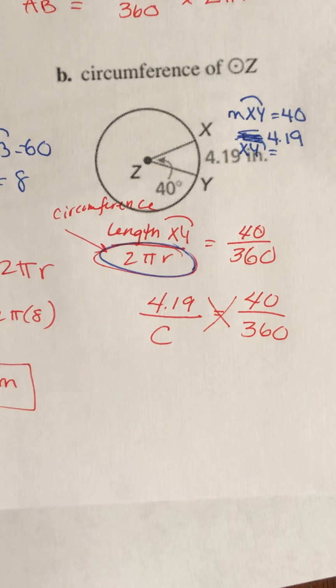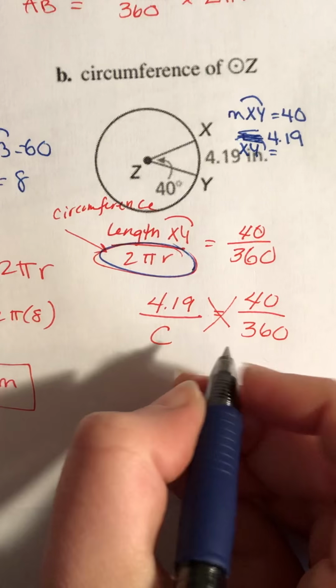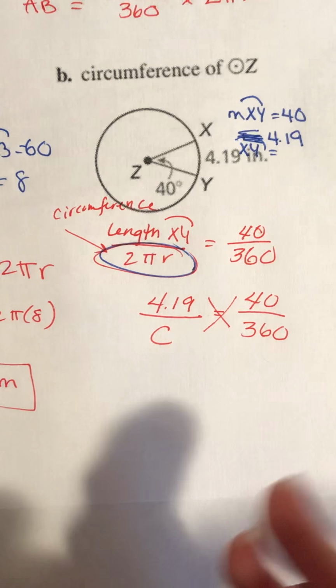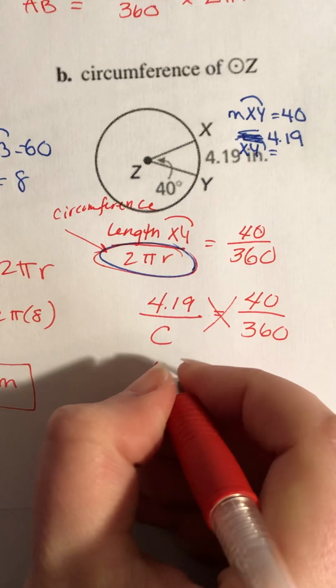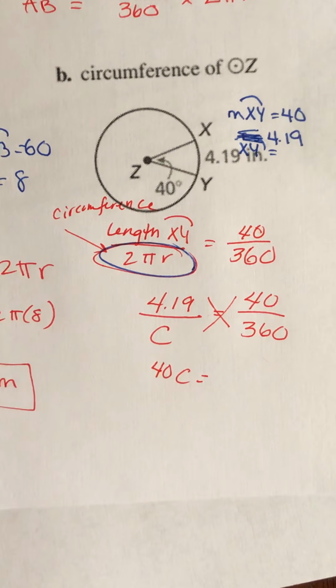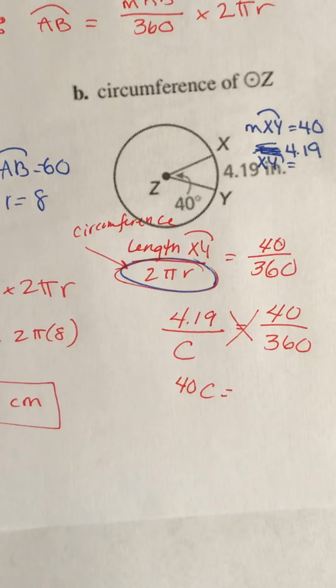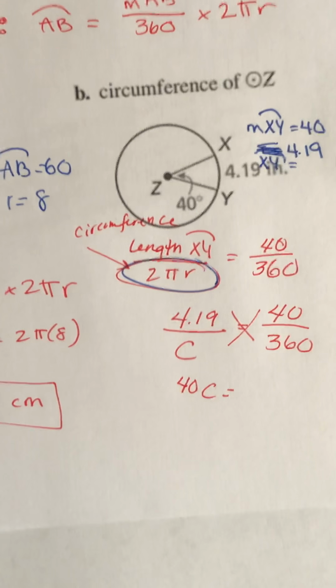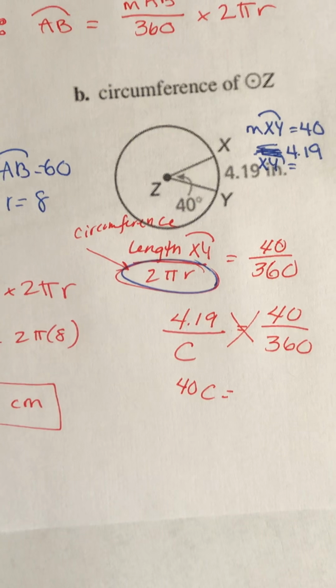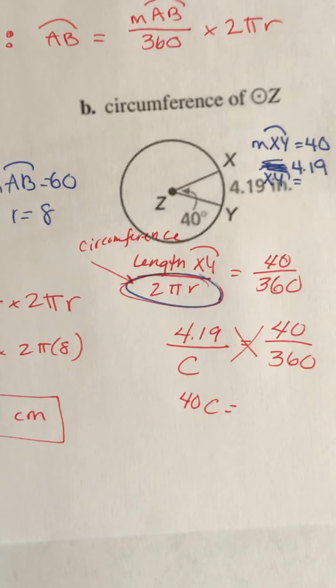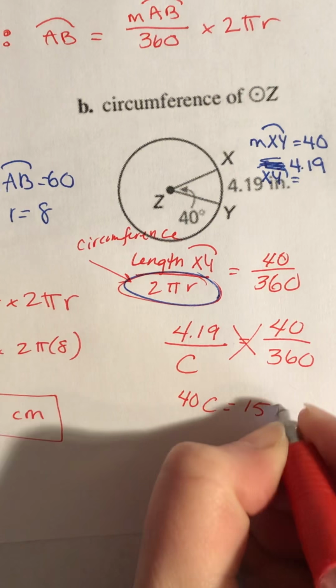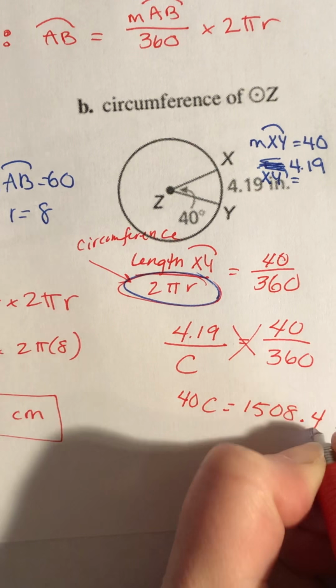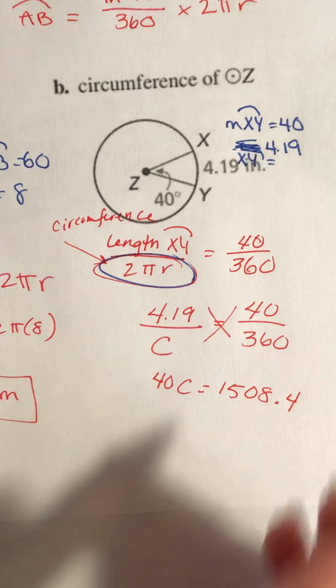We cross multiply. We're going to get 40c equals 360 times 4.19, which is 1508.4.